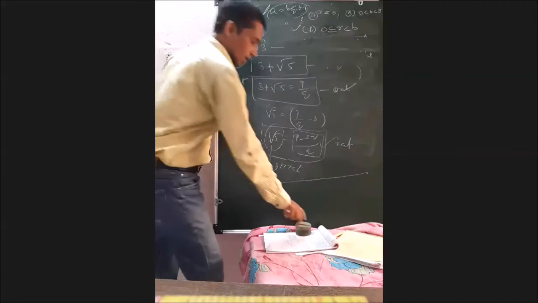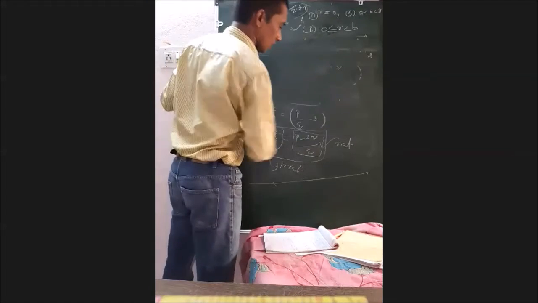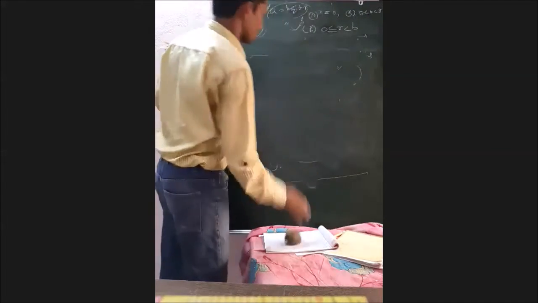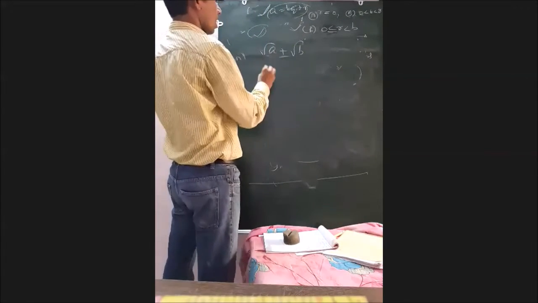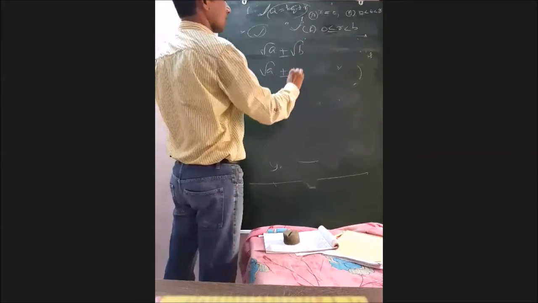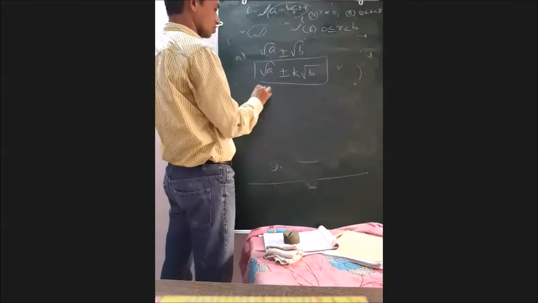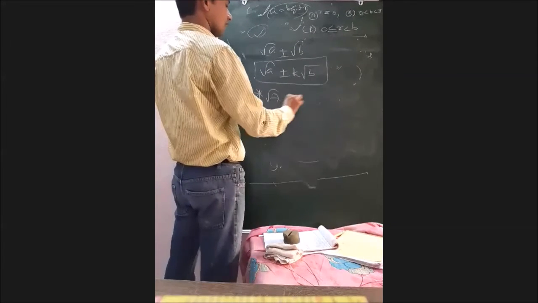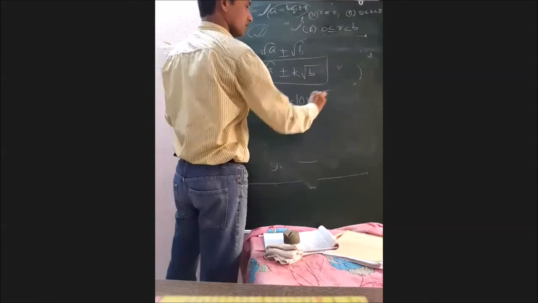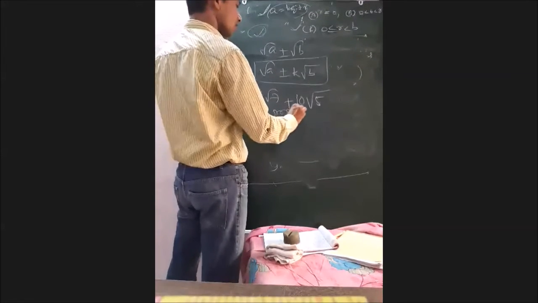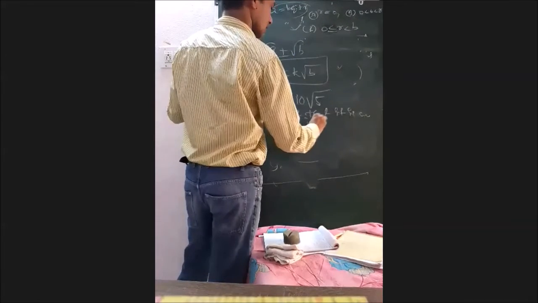Okay. Now one more thing, another type of question for proving in this chapter: root a plus or minus root b, or root a plus or minus some constant k into b. What kind of question may you get? For example, root 7 plus 10 into root 5, prove that it is irrational.